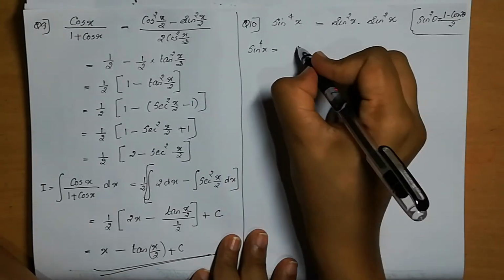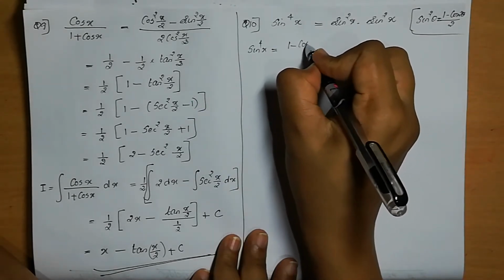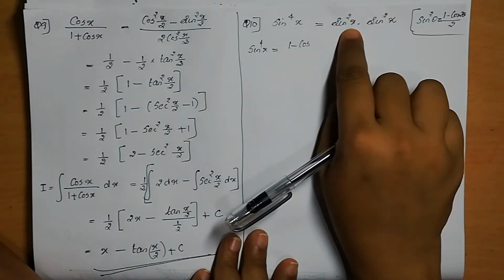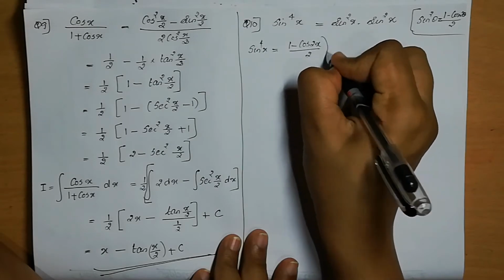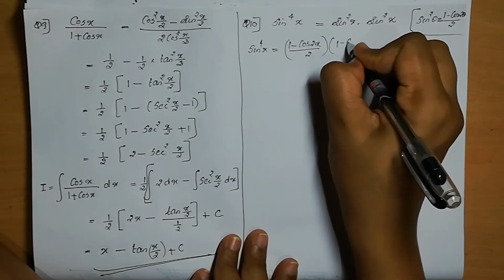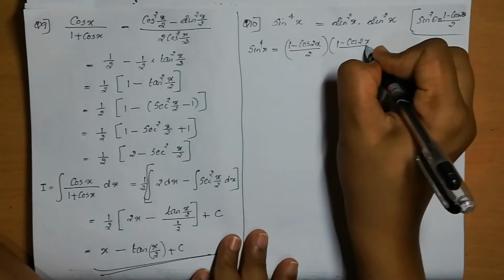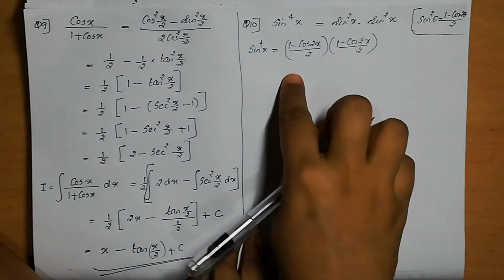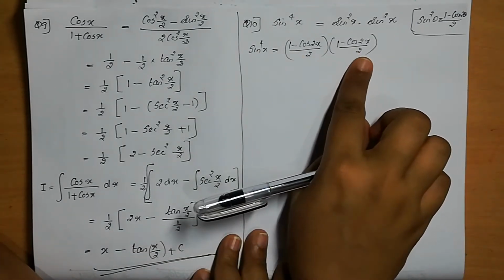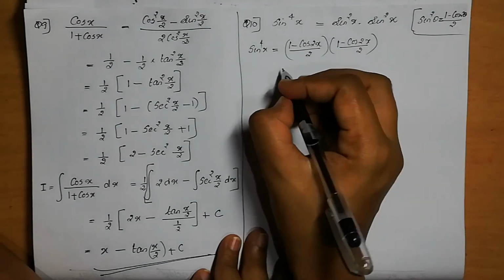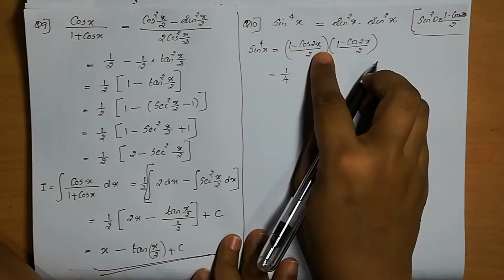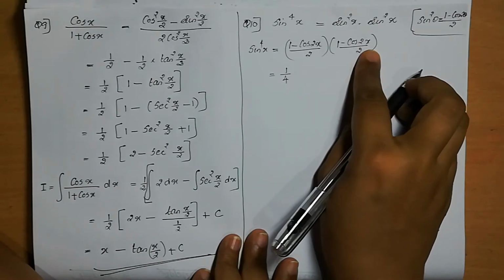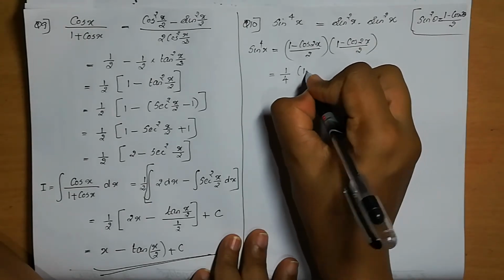Sine power 4x equal to, here theta is x, that means 1 minus cos 2x by 2 into 1 minus cos 2x by 2. So this is 1 by 2, this is also 1 by 2, 1 by 2 into 1 by 2 is 1 by 4. 1 by 4 into 1 minus cos 2x into 1 minus cos 2x, we can write as 1 minus cos 2x the whole square, right?